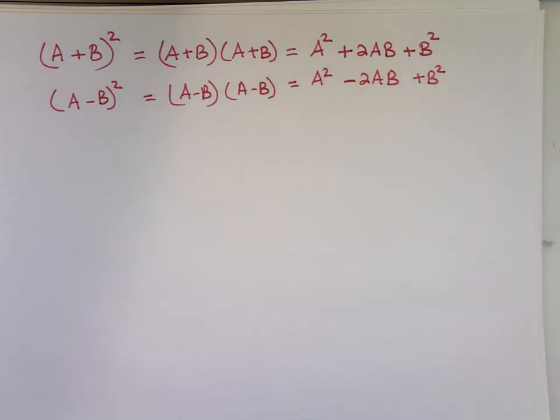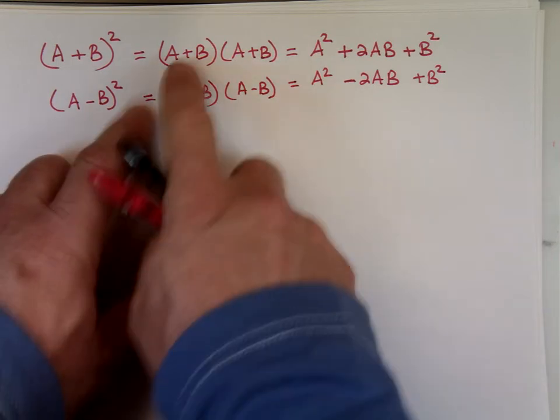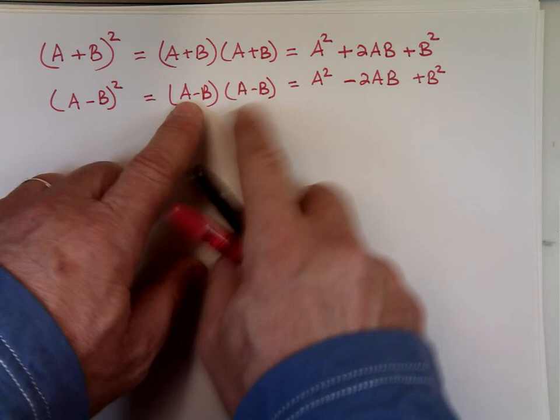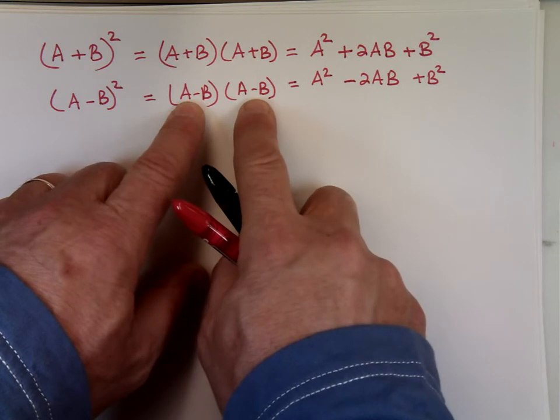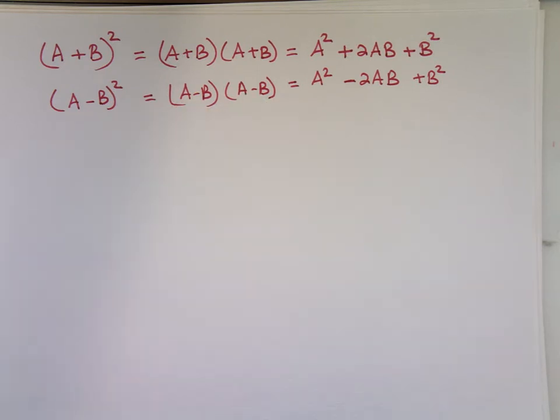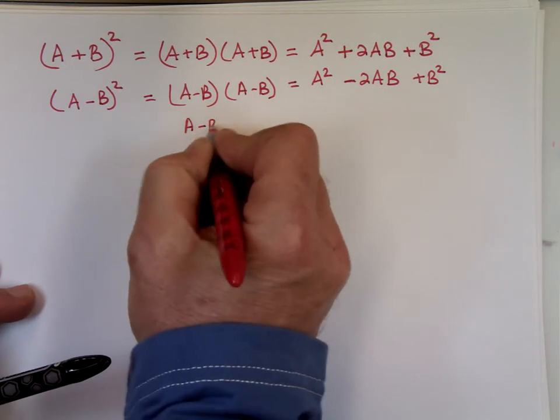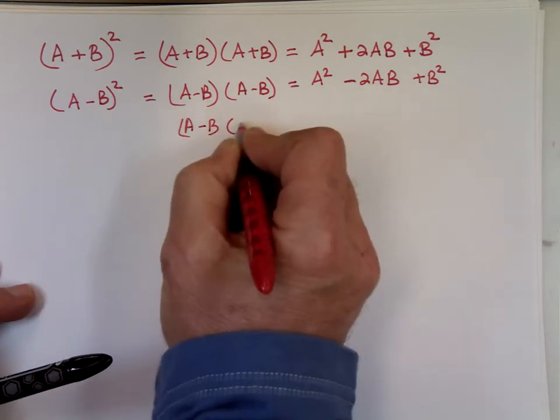That's what we looked at so far. Both cases, these two are identical. See, this one is the same as this, and this one is the same as this. So what happens when these two are different? What are you going to have for an answer when one of them is minus and the other one is plus? And that's the third case.